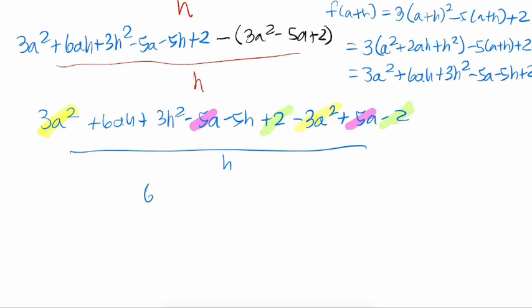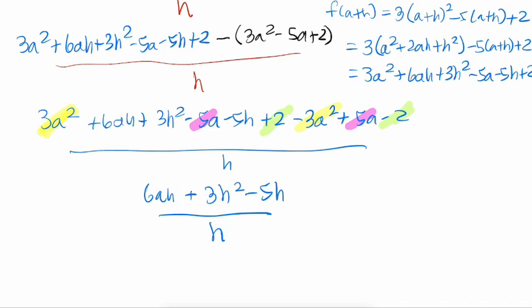So we're going to take 6ah plus 3h squared minus 5h, and you should at this point be able to divide every single piece by h. This is a key to check you're right or wrong. What we're doing eventually with this difference quotient, we need the h to go away.